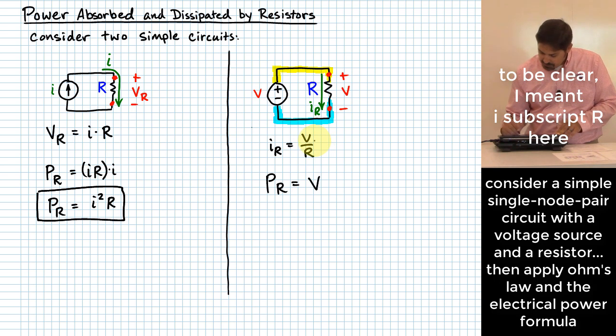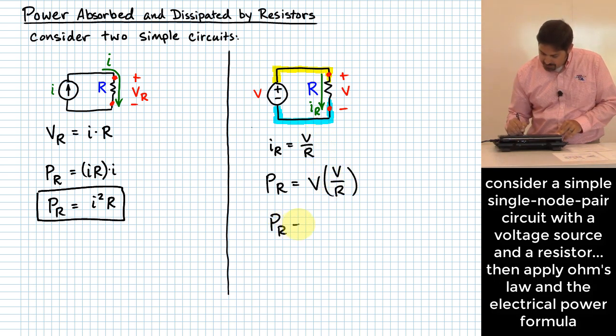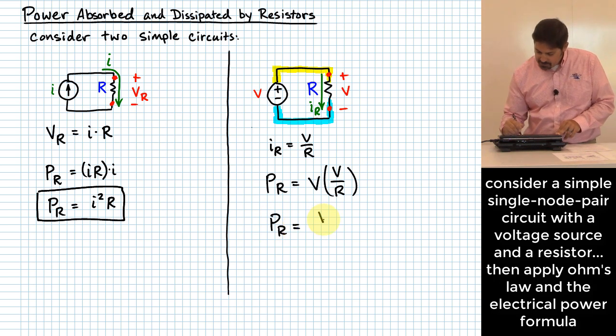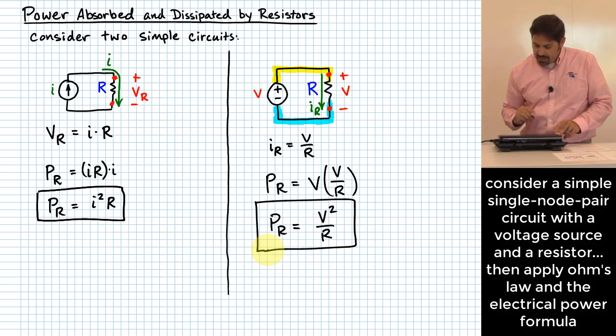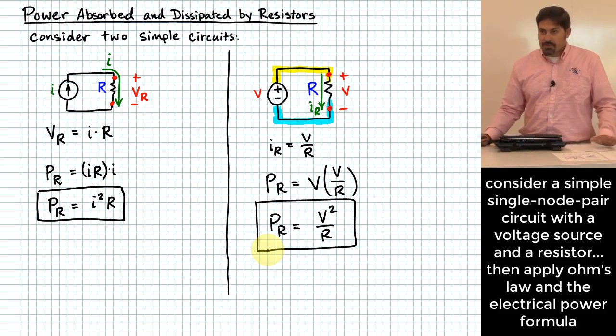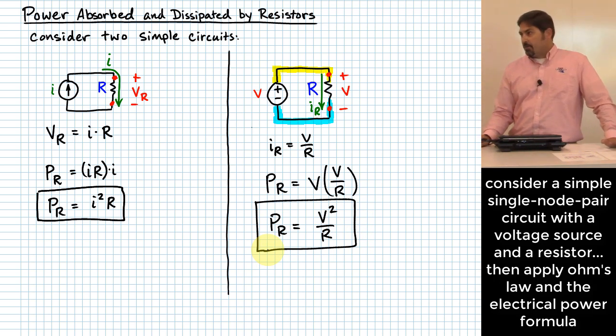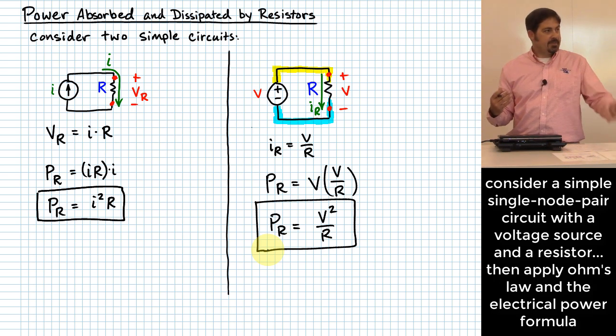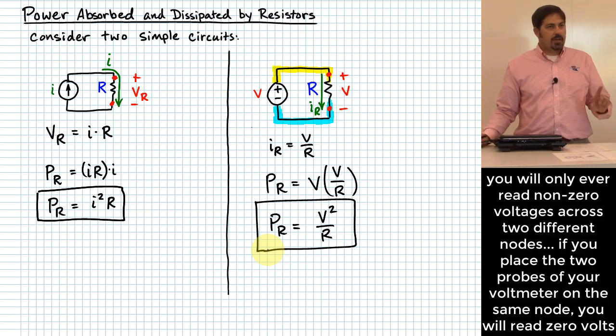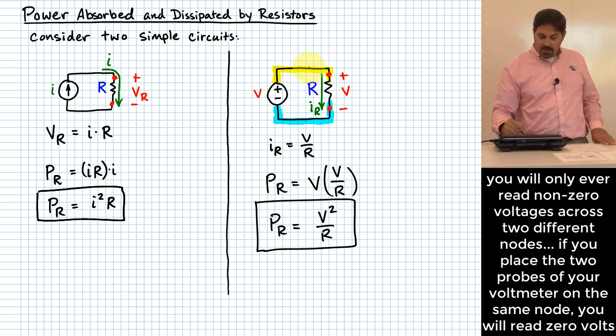Okay, I just said that was V over R, so V times V over R. And from that, I can simplify it a little bit and say this is just going to be equal to V squared over R. So what we're saying is, if you have a resistor and you know its resistance value, and you know the voltage put across that resistor, then you can tell me how much power that resistor is dissipating.